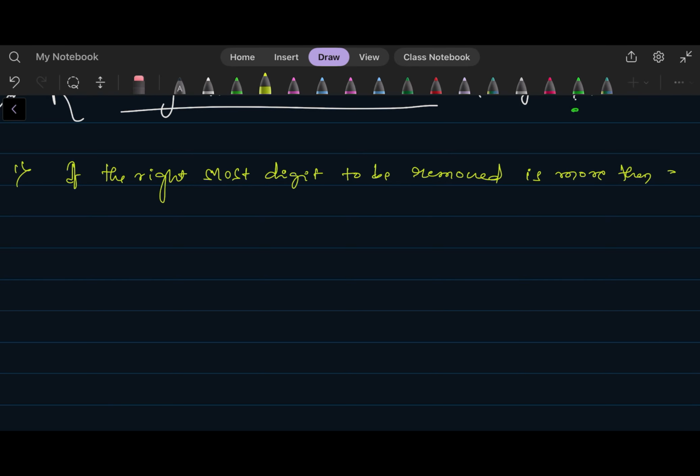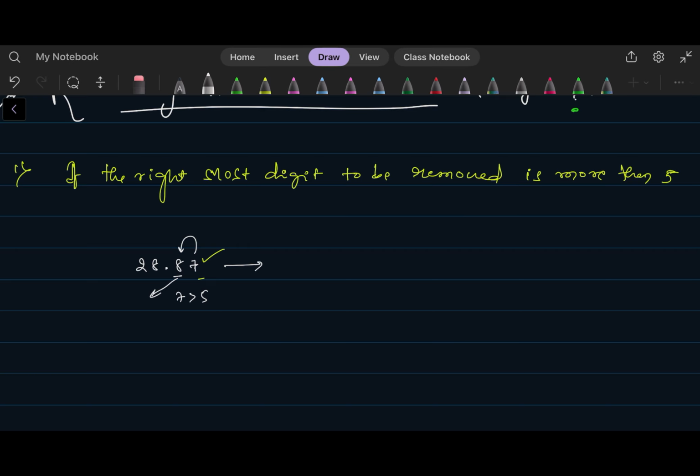whatever value is on the right side of the digit. For example, I take 28.87. If I want to remove the right side digit, that is 7, and 7 is more than 5, then the value before it, whatever value is there, 8, we call it the preceding number.